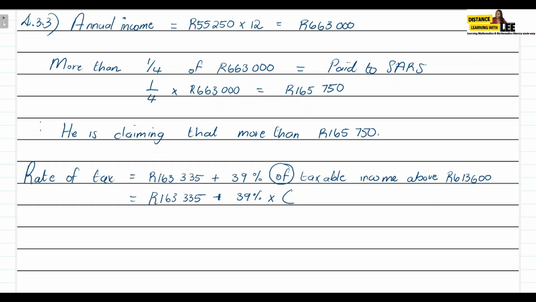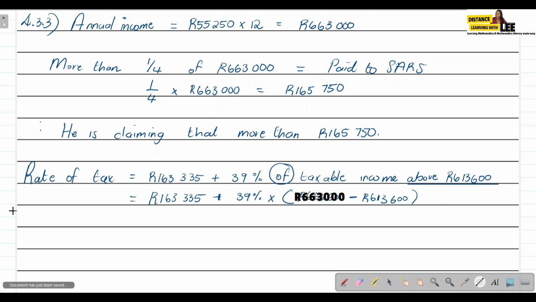So you take the annual income that he earns of 663,600 and subtract 613,600, because we want to determine the amount that is above 613,600. If you punch that into your calculator, what do you get?